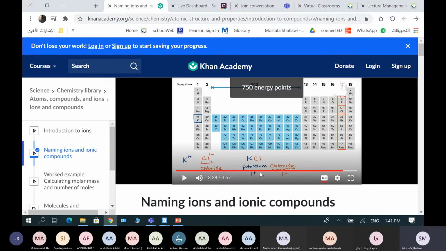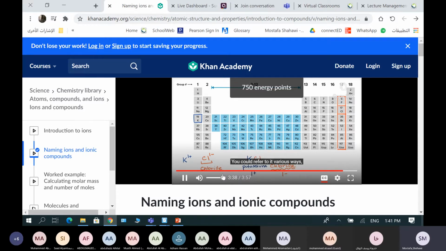The positive ion will be written as the name of the original element without any change. We only change one, and by changing one and joining it to the other part, for sure we will know that this is not the original atom, but it's the ion, because the whole compound is neutral. So this must be a positive one because chloride is negative one.